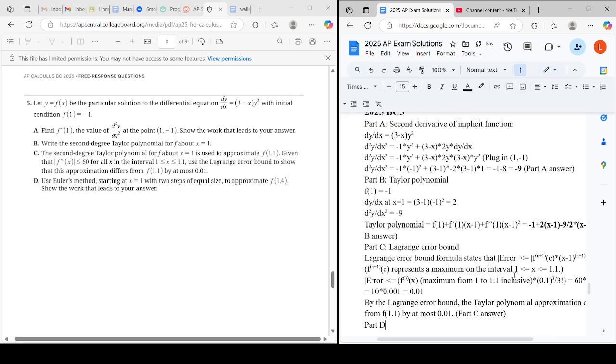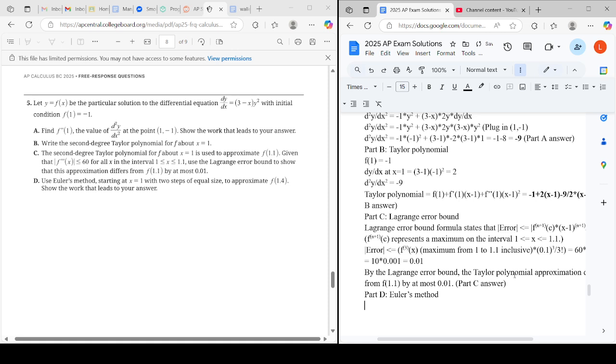Finally, in part D, we're going to use Euler's method to approximate f of 1.4. It's two steps of equal size, so the step size is 0.2. We're going to say f of 1.2 is approximately equal here, but I don't think they'll care.